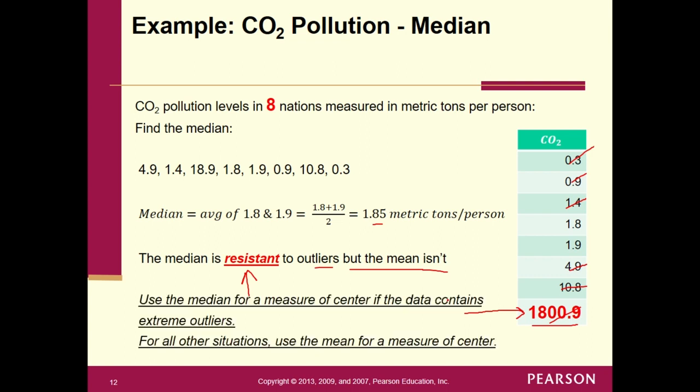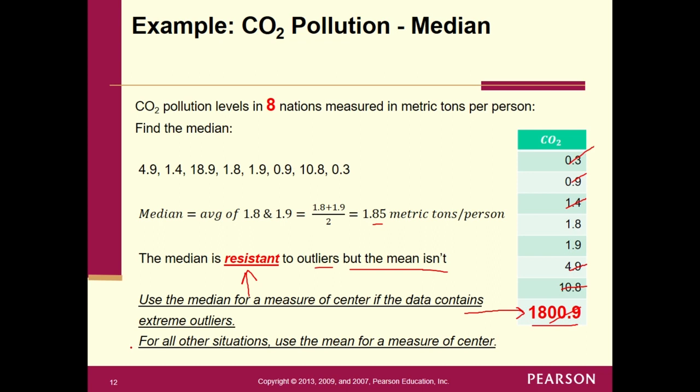Okay, so I have a bit of a rule of thumb here. It says, use the median for a measure of center if the data contains extreme outliers. We'll make it obvious when it's really extreme. But for all other situations, use the mean for a measure of center.